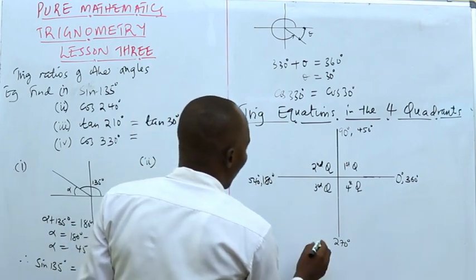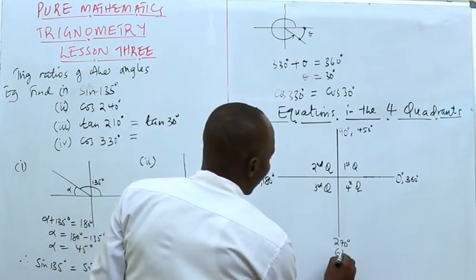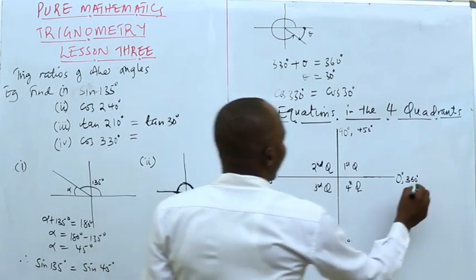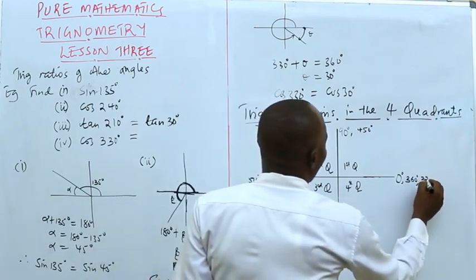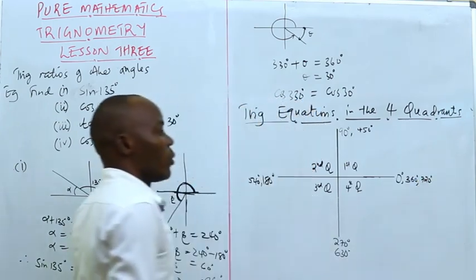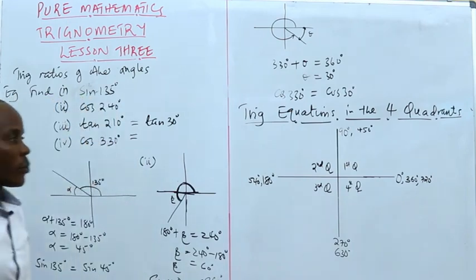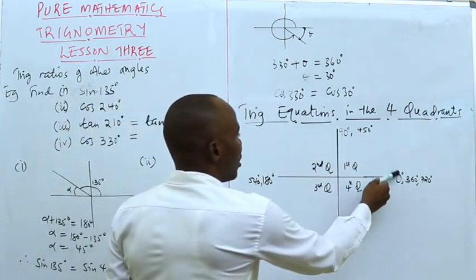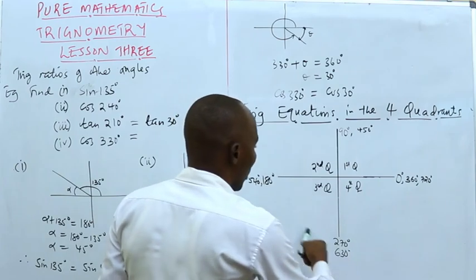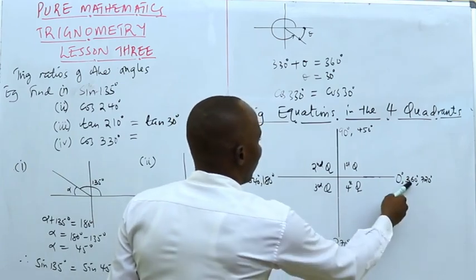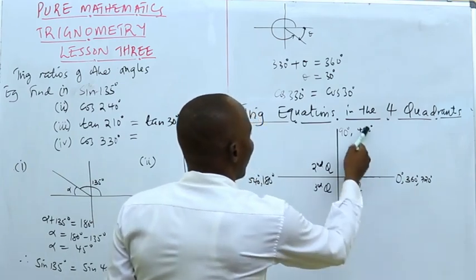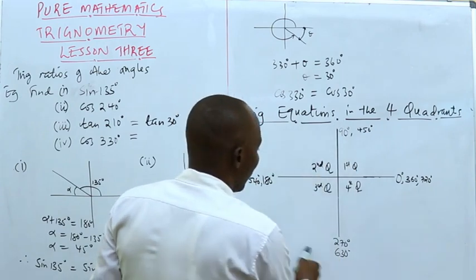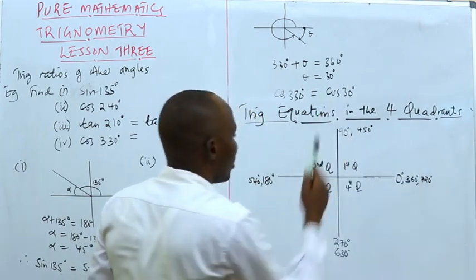From the 540, you go to 630. Then from the 630, this is the second revolution, or the second term. Because you have started from 0, 90, 180, 270, then 360. From 360, we have moved 450, 540, 630, 720.